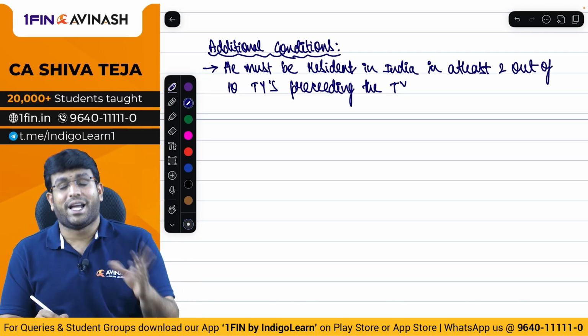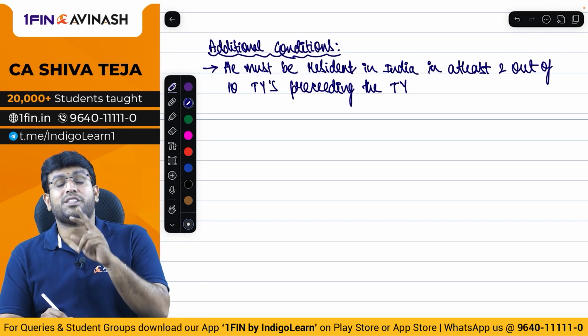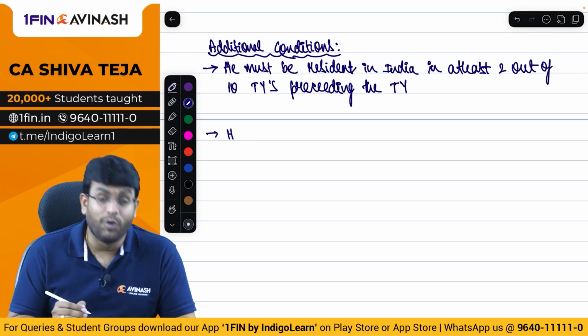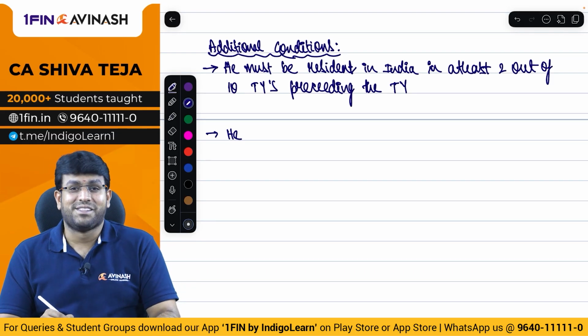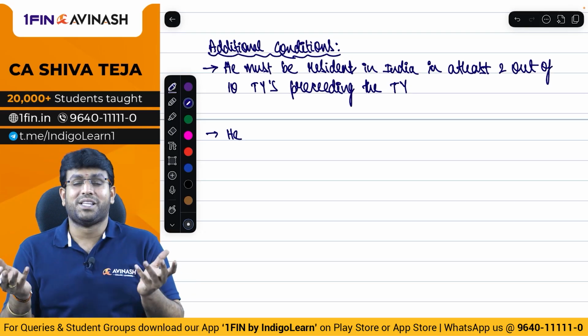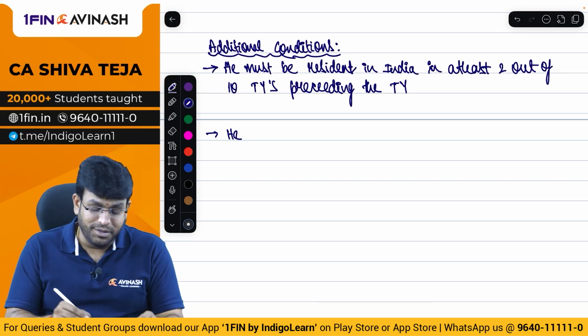So prior to the tax year, in those 10 years, at least 2 years, he is a resident. And how will he be resident? Already we know the answer. He will be a resident by satisfying any one of the basic conditions. Straight answer. How will that person become a resident? By satisfying any one of the basic conditions.